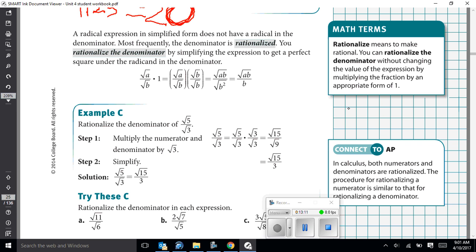In calculus, sometimes you don't have to rationalize the denominator because as you work through the problem, it deals with itself. Other times, it is super important to rationalize it because it makes the math later easier. So it's one of those tools. It's better to have it and know how to do it, so when you need to, you can. But it's not going to kill you if you learn how to do it and then never use it. Okay.